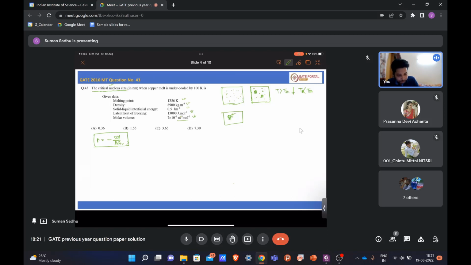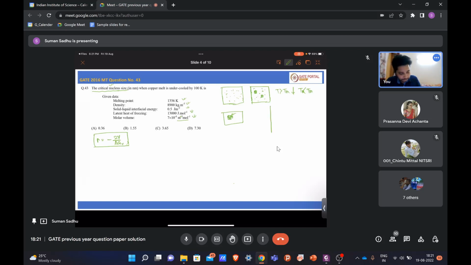When one more atom jumps into it, it becomes stable. That stability is given by the free energy diagram that I will show you later. So the smallest size of this cluster which is stable is known as the critical nucleus size.